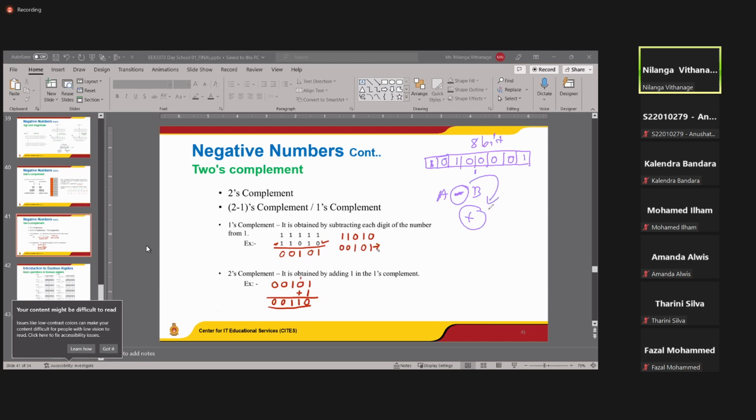That is what happens inside of the ALU. Even if this is a minus value, you have to convert it into a plus value and do the addition. So we have to create a method to convert minus b into some positive number, let's say c. When it is represented as c, it is plus c, which means minus b.